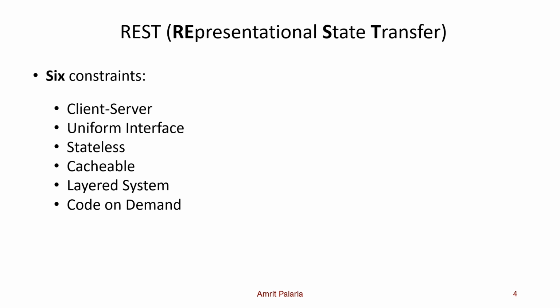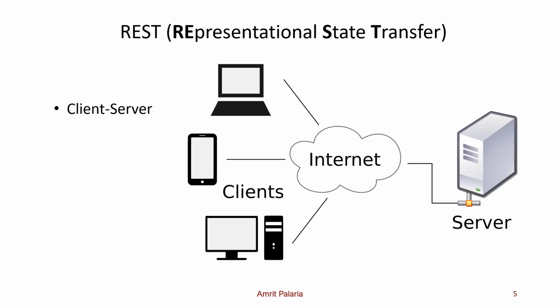So REST architecture has 6 constraints, and really the only ones that we will deal with are the first 2 here. So REST defines a client-server model, right? The constraint it puts on your architecture is that it has to be a client-server model.